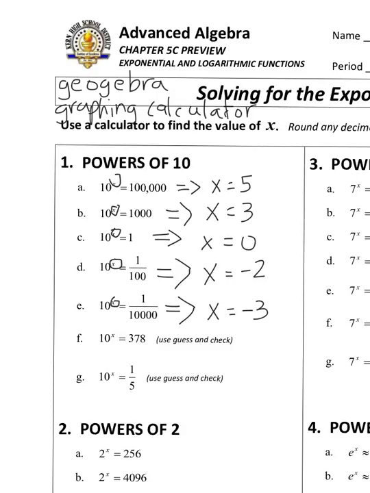For letter F, you should have got x is about, I'm going to put a little squiggly line here for approximately 2.58 if I rounded to the nearest hundredths place. And for letter G, you should have got x is approximately -0.70.